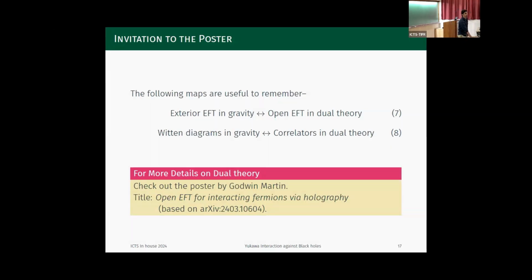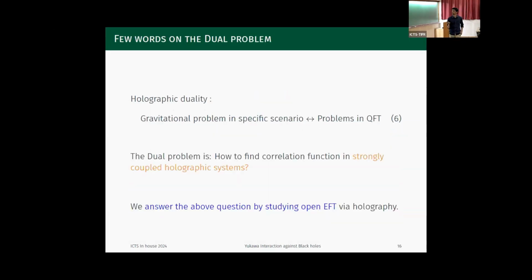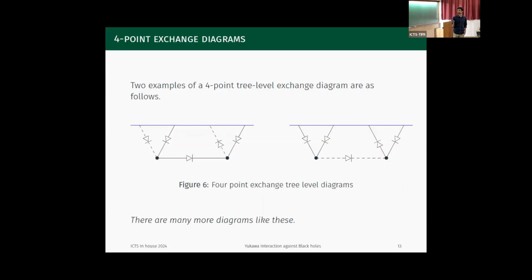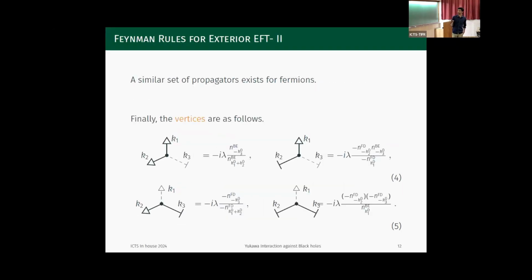Could you just go back to the vertices that you showed? How should I understand this appearance of these occupation factors in the vertices?